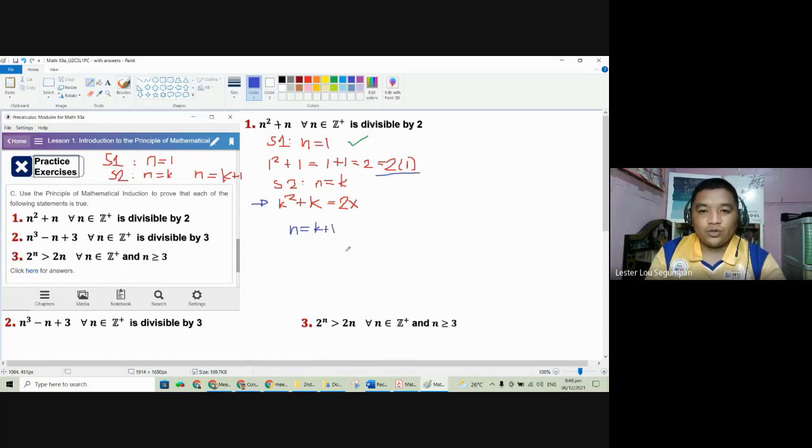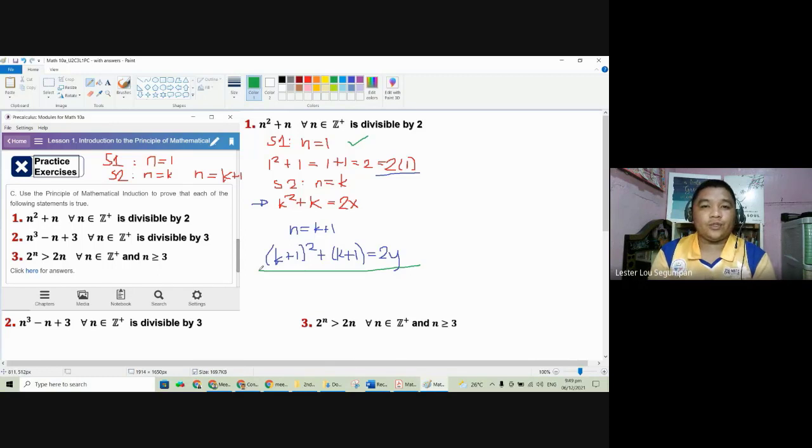So we are going to show that the square of k plus 1, as we substitute k plus 1 for k, plus another expression k plus 1, must be divisible by 2. Now here, so that we have a different expression, you may use 2y. This is what we are going to show later.